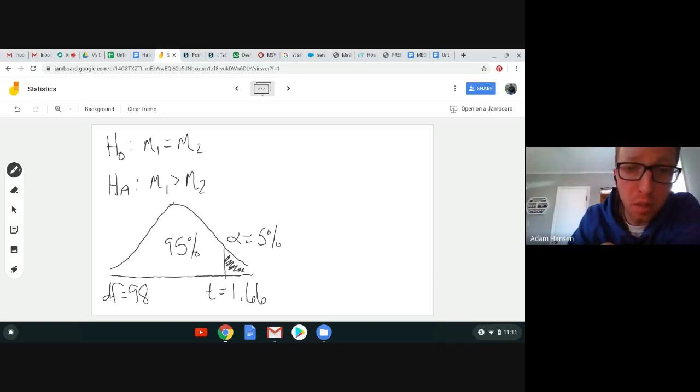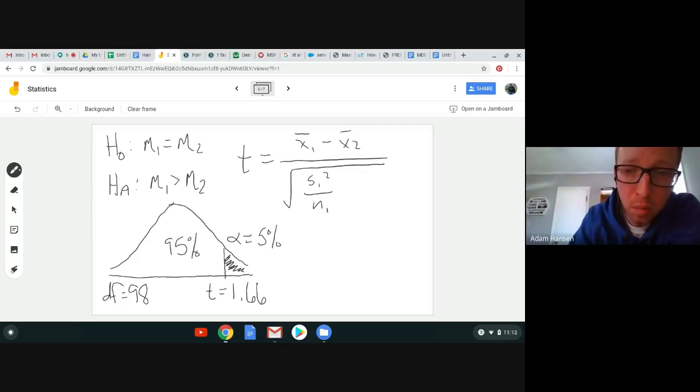And that t-score formula is the difference in the means based off of our sample, X bar 1 minus X bar 2, divided by the square root of the variance, S sub 1 squared divided by N1 plus S sub 2 squared divided by N2.